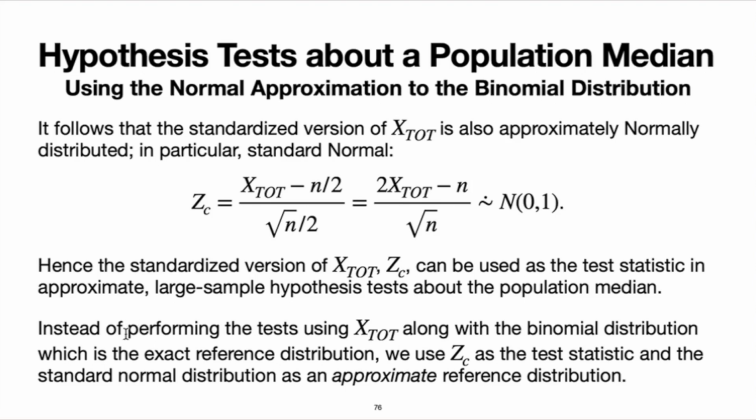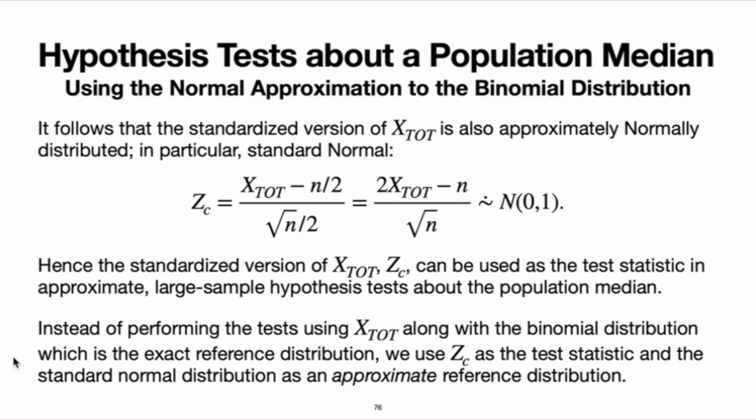And so instead of performing the test using X_tot along with its exact sampling distribution, the binomial distribution, which as we've seen is a bit cumbersome to use, isn't it? You have to have a calculator with that functionality built in, or you have to use a spreadsheet. For example, the Microsoft Excel spreadsheet has the binomial PMF and the binomial CDF built in.